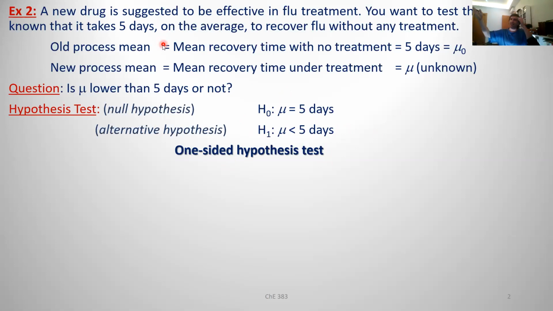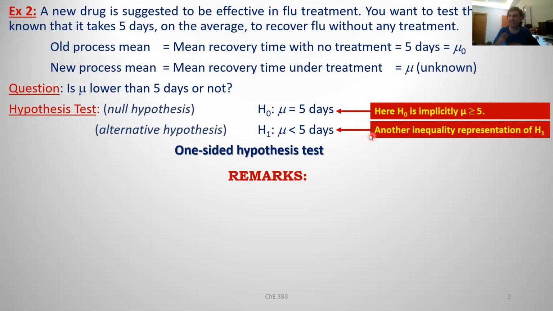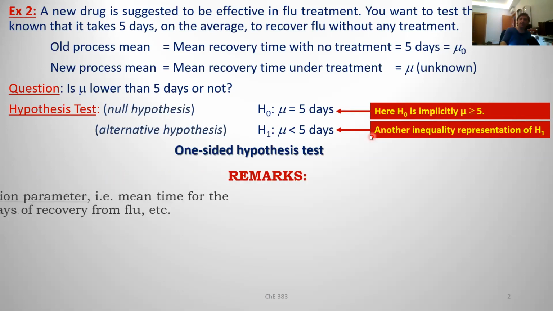Whether it increases it or not, I don't care about this. Well, one may be caring about that, but for this specific question, we don't care about this. So here we have in the alternative hypothesis another inequality representation. So this is basically the representation of a hypothesis test, or the construction of a hypothesis test.